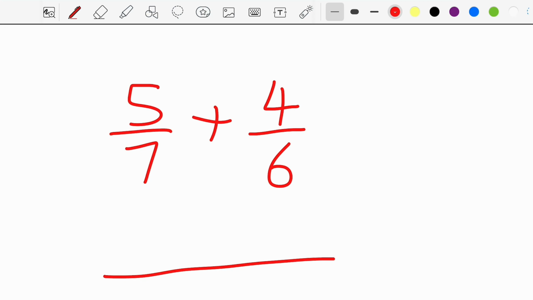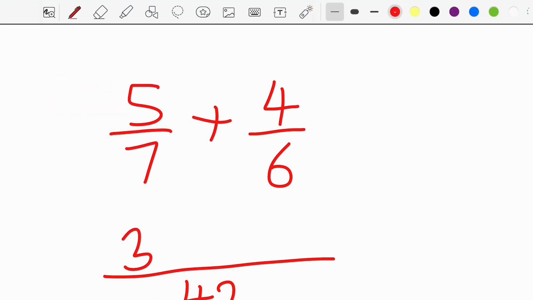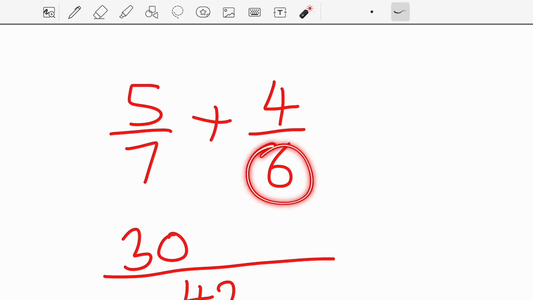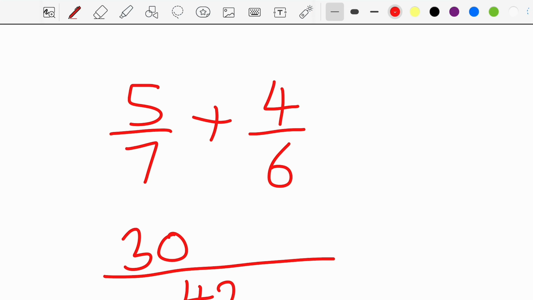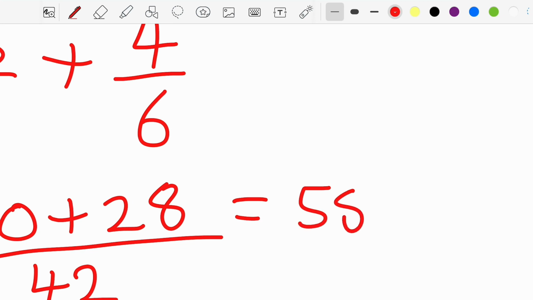In this case, 7 times 6 is 42. 7 into 42 is 6. 6 times 5 is 30. 6 into 42 is 7. 7 times 4 is 28. 30 plus 28 is 58. 58 over 42.